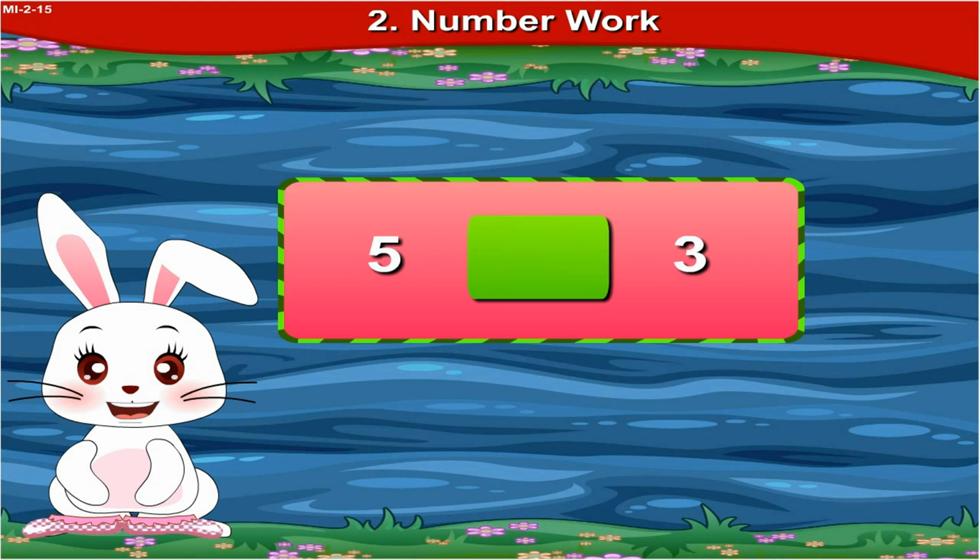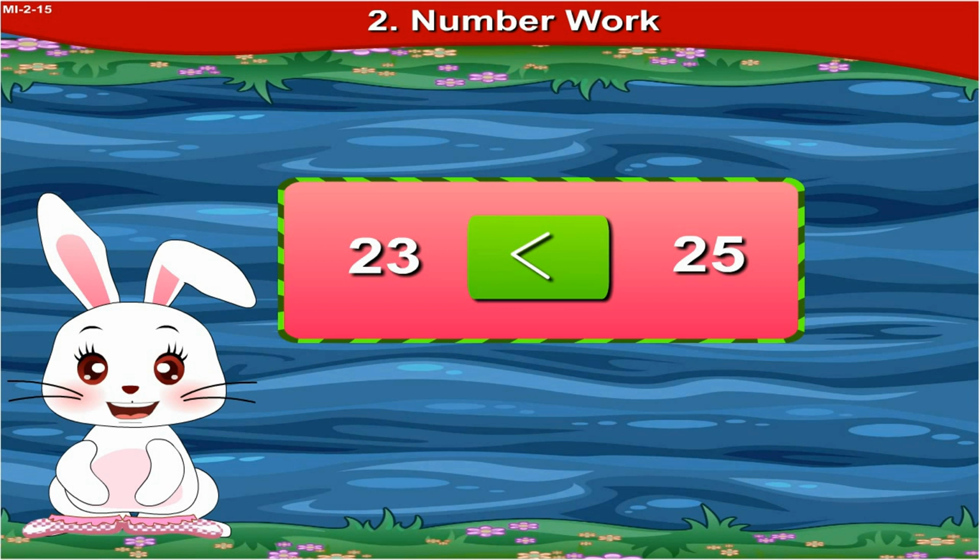5, box, 3. 5 is bigger than 3. So we'll put a symbol of greater towards 5 as 5 is greater than 3. 23, box, 25. Now here 23 is smaller than 25.